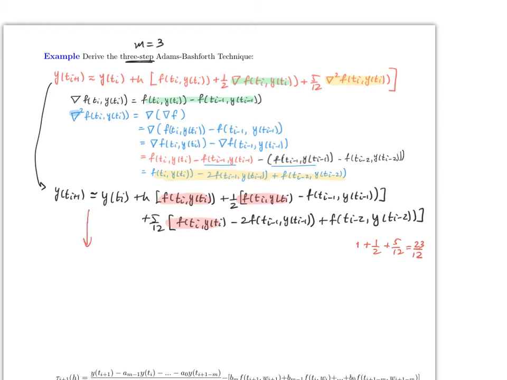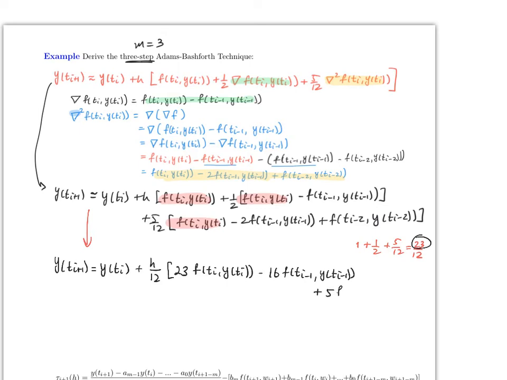Therefore, you will end up with the following: y of ti plus 1 equals y of ti plus h over 12 times 23, which is this 23 we got, f of ti, y of ti, minus 16 f of ti minus 1, y of ti minus 1, plus 5 f of ti minus 2, y of ti minus 2.